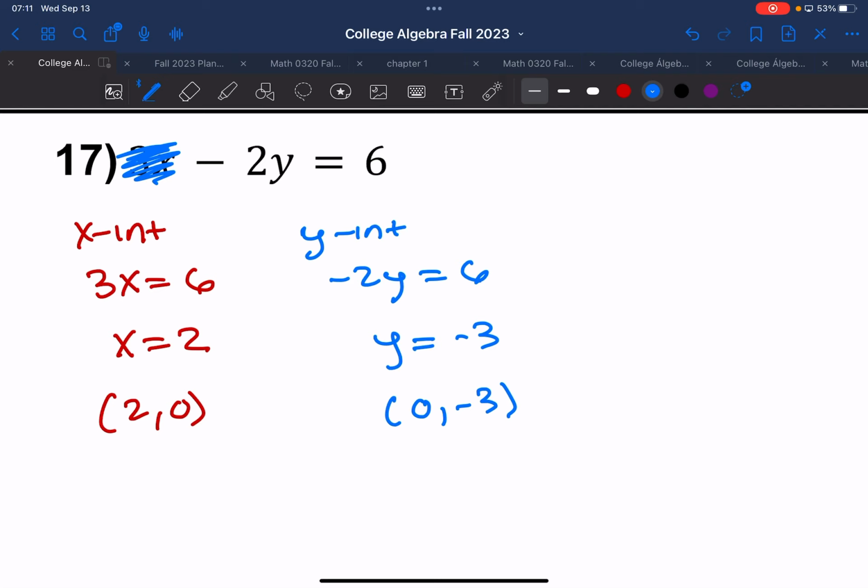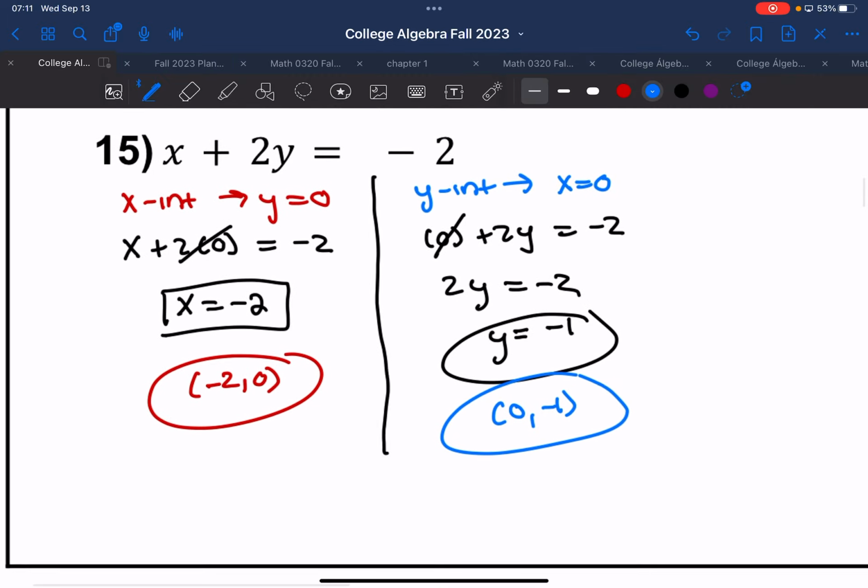If you're not comfortable doing it this way, show all the steps, just so you make sure you are getting the correct answer. On the test, I need to see some work. If you show me at least the work that I wrote here on 17, that's enough work. Here I can see that you are getting rid of the opposite variable by plugging in that 0.